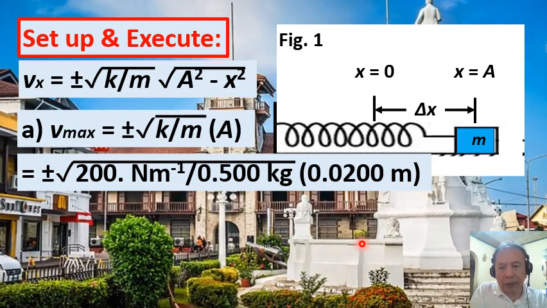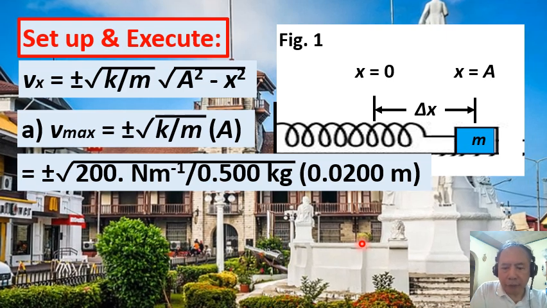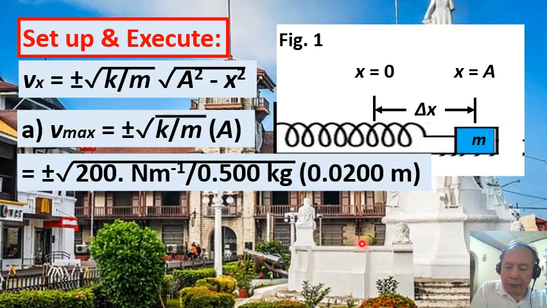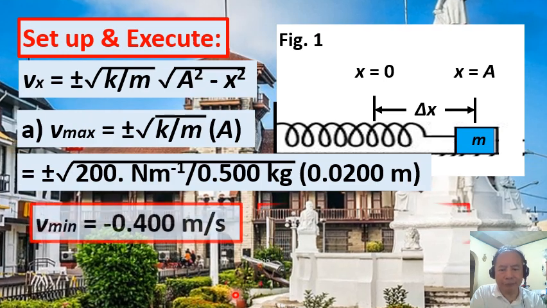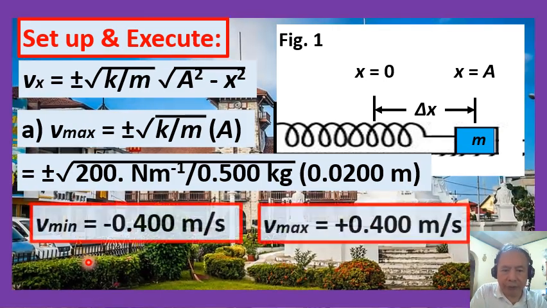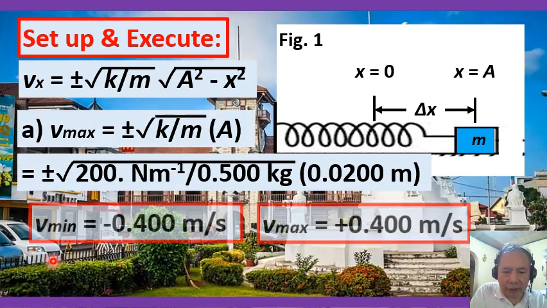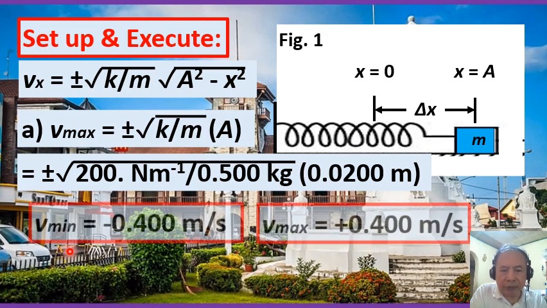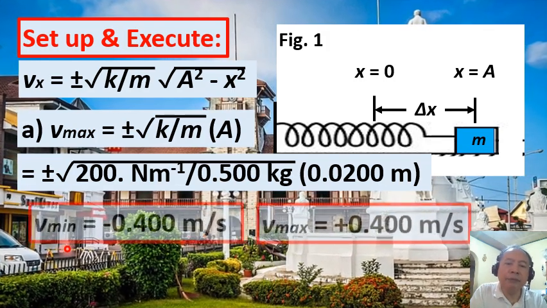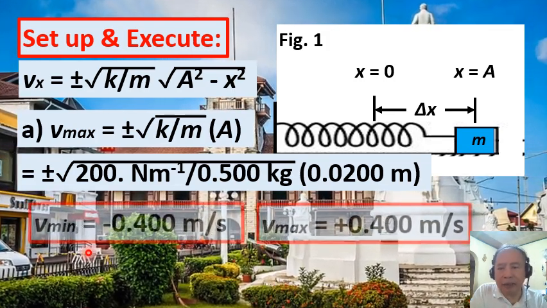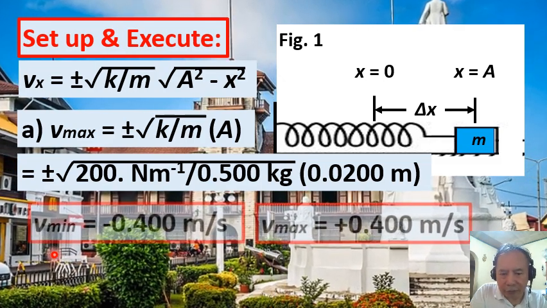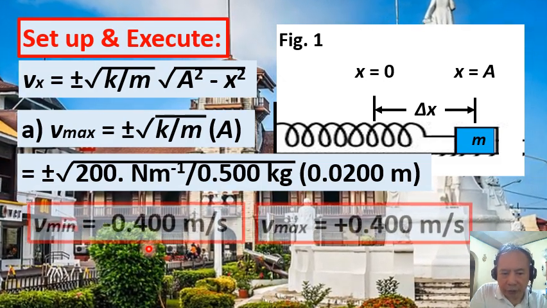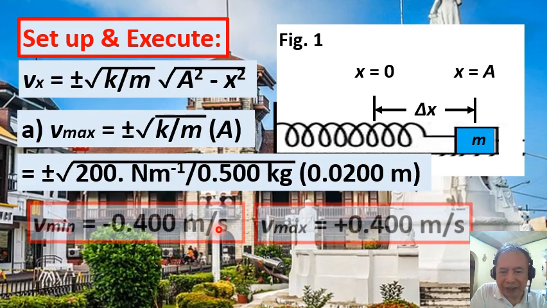we actually get two possible values for the velocities. The first one is considered the minimum velocity attained by the oscillating block, which is negative 0.400 meter per second.